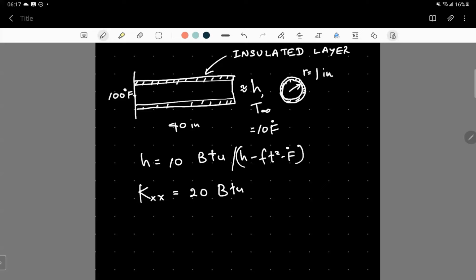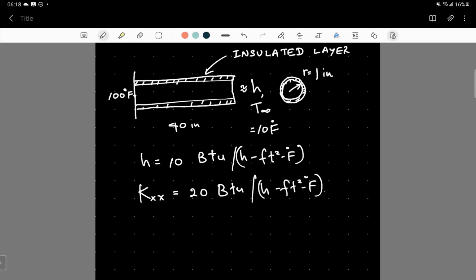And the thermal conductivity Kx is 20 British thermal units per hour feet Fahrenheit. The value of h is typical for forced air convection, and the value of Kx is typically the conductivity of carbon steel in this particular example.